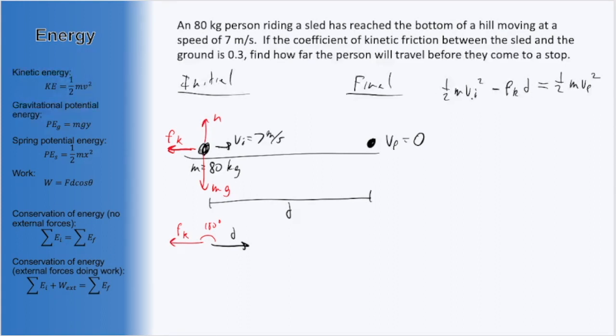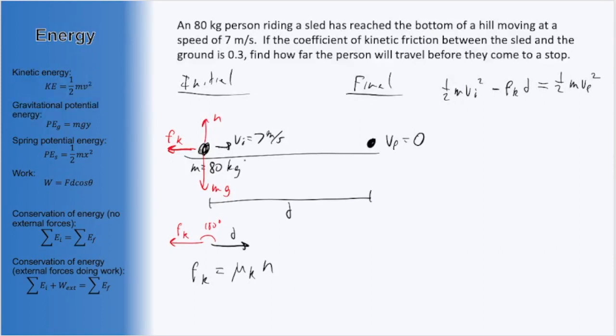We have mass to plug in, we have velocity initial and final to plug in, but we don't yet have this kinetic friction. So we have to think about how we can get that outside of this equation. Well, let's recall that the force of kinetic friction is given by the coefficient of kinetic friction, which the problem does give us, times the normal force. The normal force isn't something that's directly given to us.